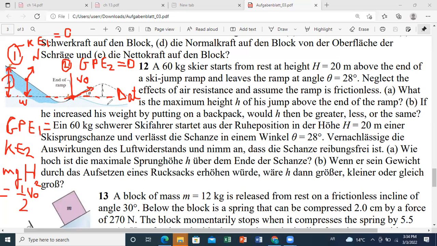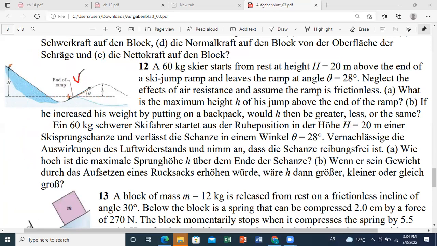This will allow us to determine the velocity at this level. So v0 will be equal to radical 2gh from conservation of mechanical energy. Once we have the value of v0, knowing the angle theta equals 28 degrees, we can find the maximum height using several methods.